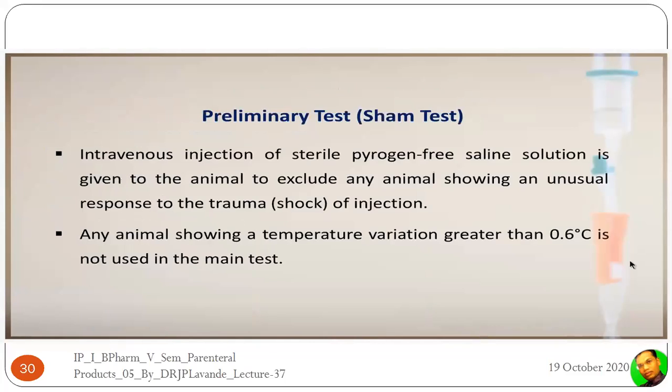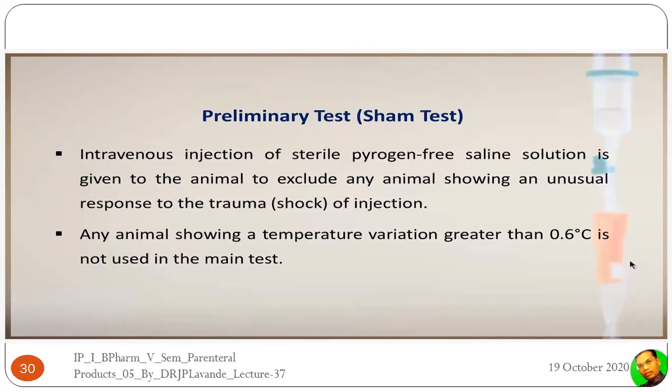These two tests are responsible for evaluating the presence or absence of pyrogens. In the case of the rabbit test, two tests are carried out. The first is the preliminary test, also called the sham test, and the second, which follows it, is the main test.